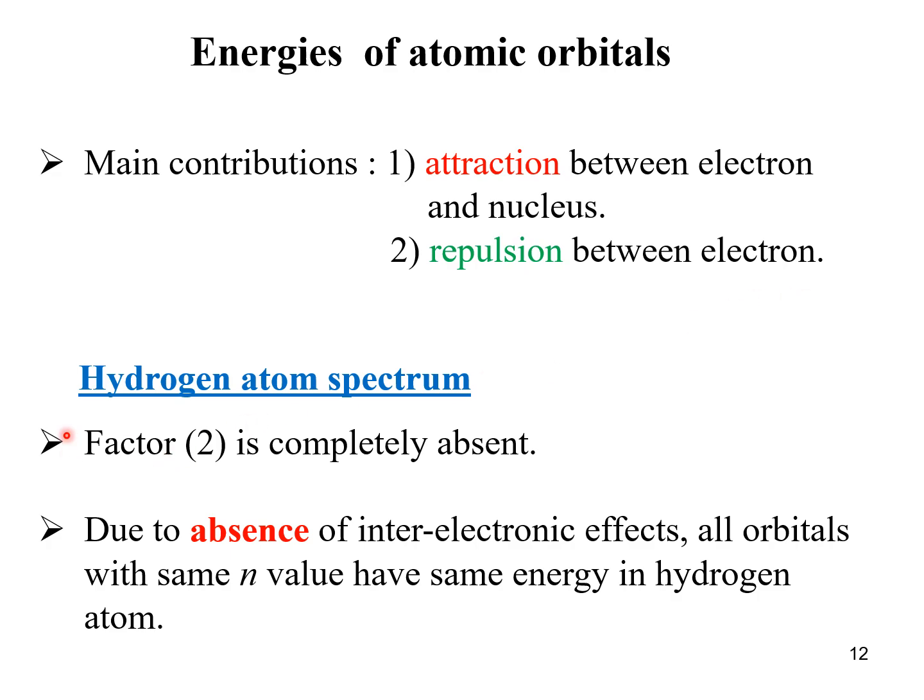If we only focus on the hydrogen atom type of spectrum, or the hydrogenic atom, where only one electron is involved, then we can ignore factor number 2, which is the repulsion between the electrons. Besides, due to the absence of inter-electronic effects, all orbitals with the same n value will have the same energy in the hydrogen atom or hydrogenic atom.